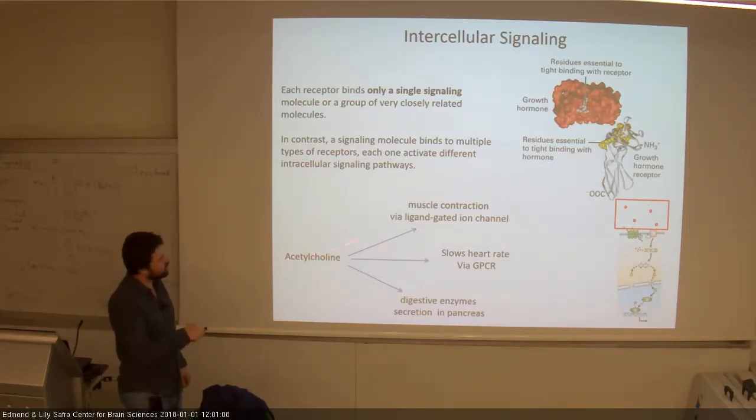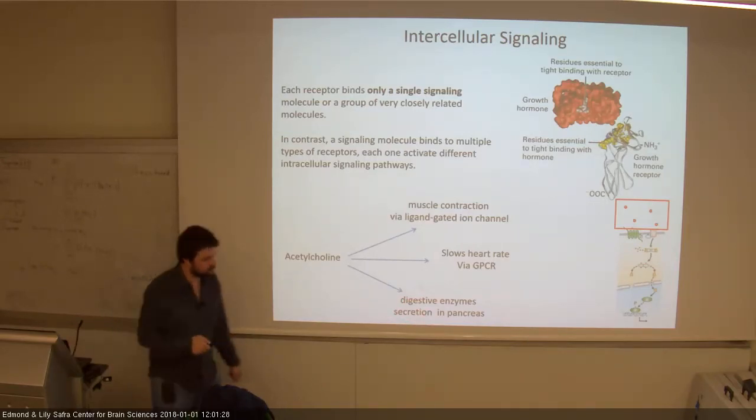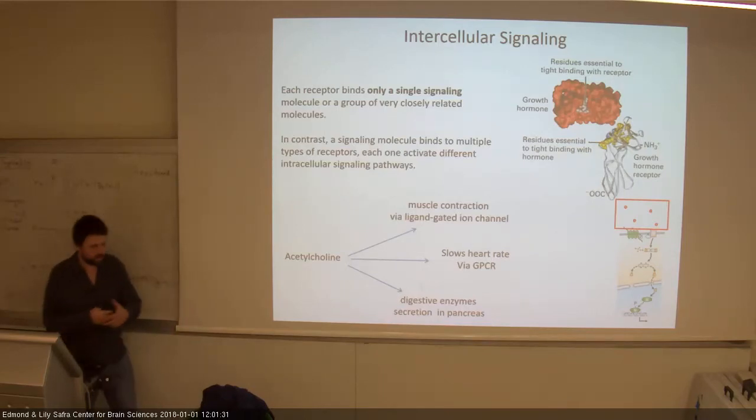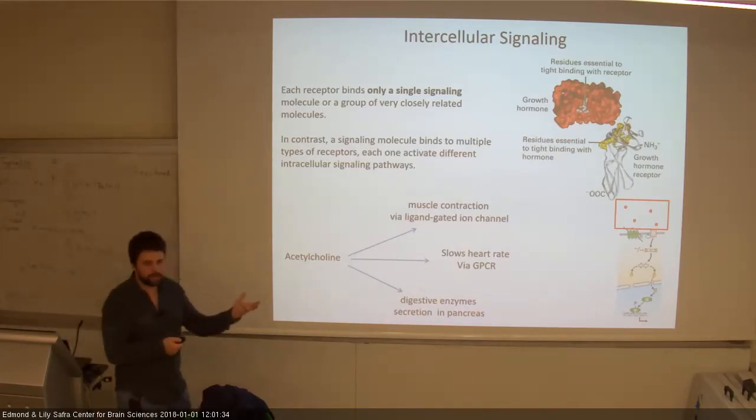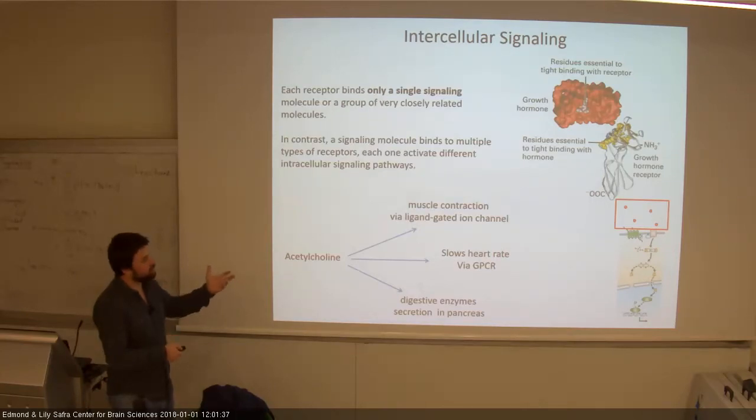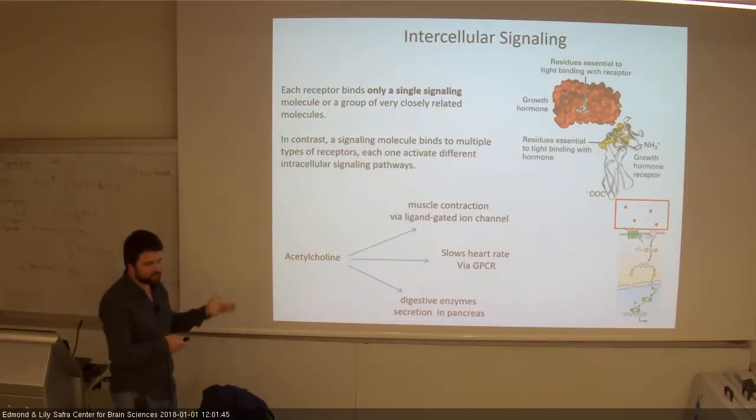For example, acetylcholine: in muscles, the receptor causes muscle contraction; in the heart, it causes slowing of the heart rate; and in the digestive system, it causes digestive enzymes to be secreted in the pancreas. It is all the same molecule, but it has very different effects in different areas of the body because of the different receptors, though the receptors themselves are highly specific. A receptor for acetylcholine will not receive dopamine or something like that.